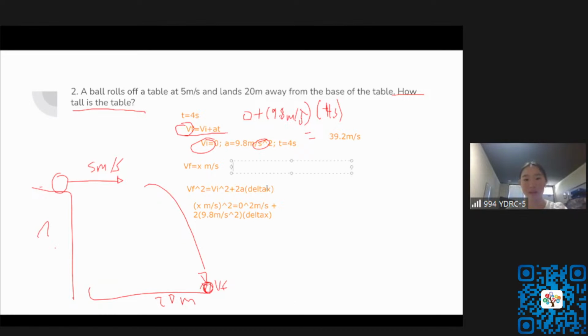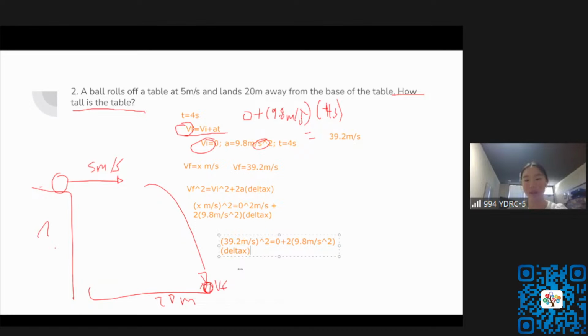So V final equals 39.2 meters per second. And then when we plug this in, we square this, and it is equal to 0 plus 2 times 9.8 meters per second squared times delta x.